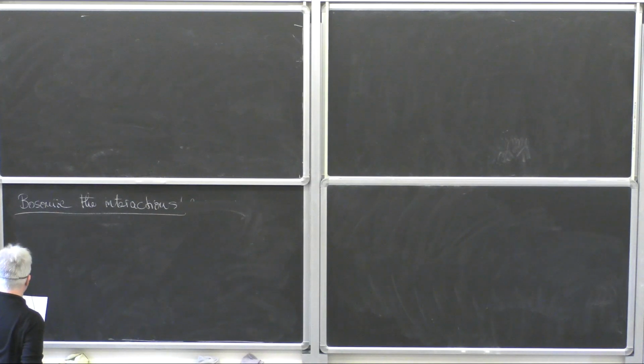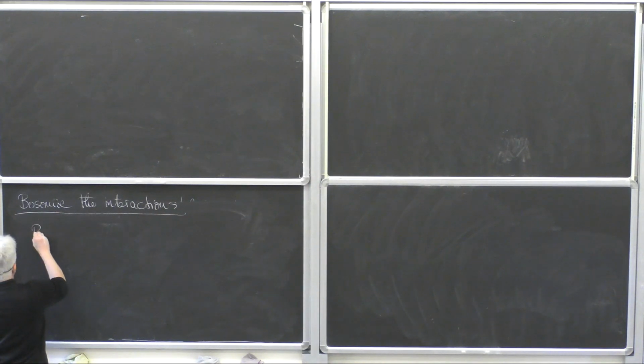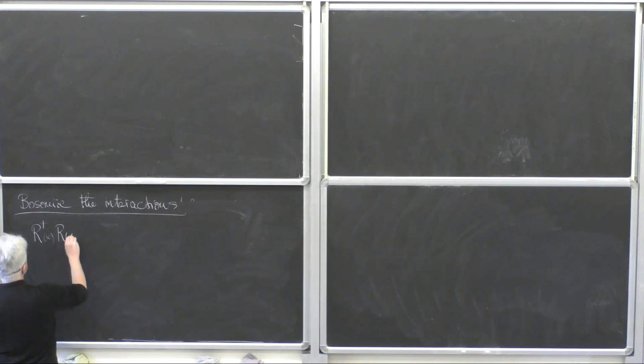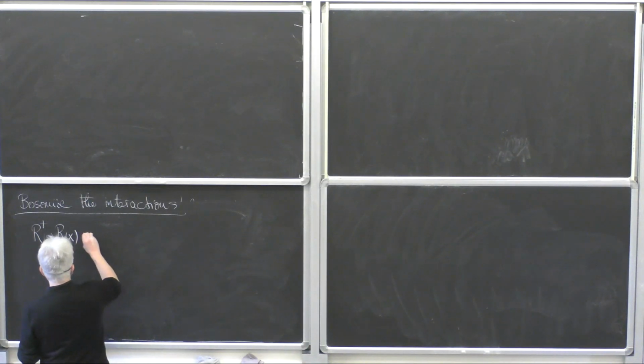Let's start with this operator product that we had quite a few questions about: the right dagger of x, right of x. Now I'm going to treat this explicitly.